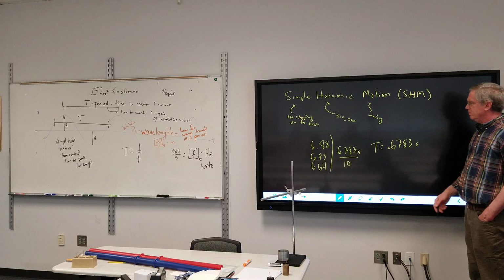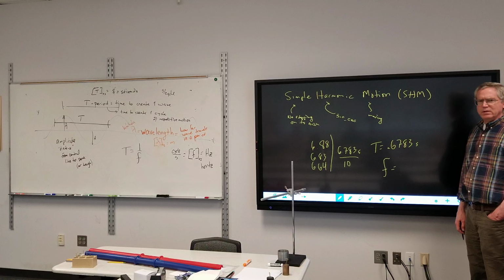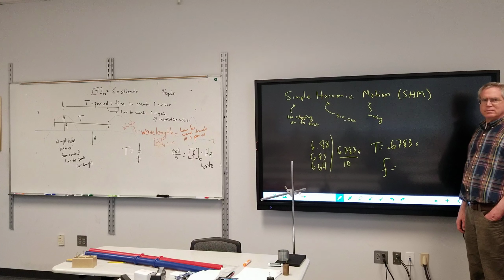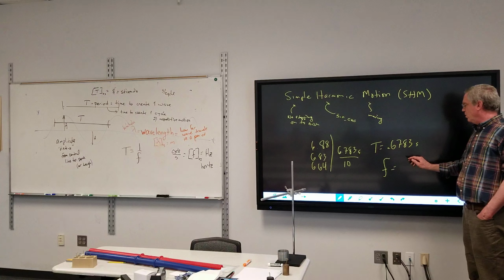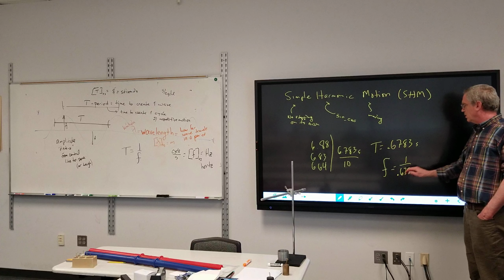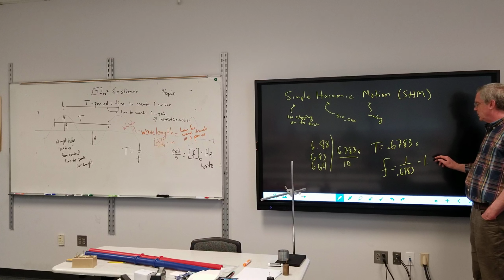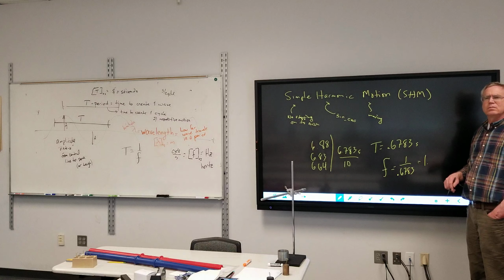So my frequency, how would I find my frequency? Inverse. So 1 over the 0.6783. Somewhere around 1.6, but what do we get?